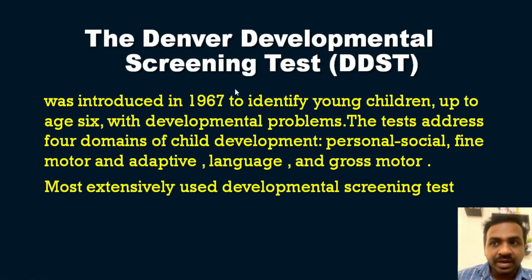The Denver Developmental Test addresses 4 domains of child development, that is personal social, fine motor and adaptive, language and gross motor. And this is the most extensively used developmental screening test. So this is not an IQ test, this is the most extensively used developmental screening test. That is the answer for another question.